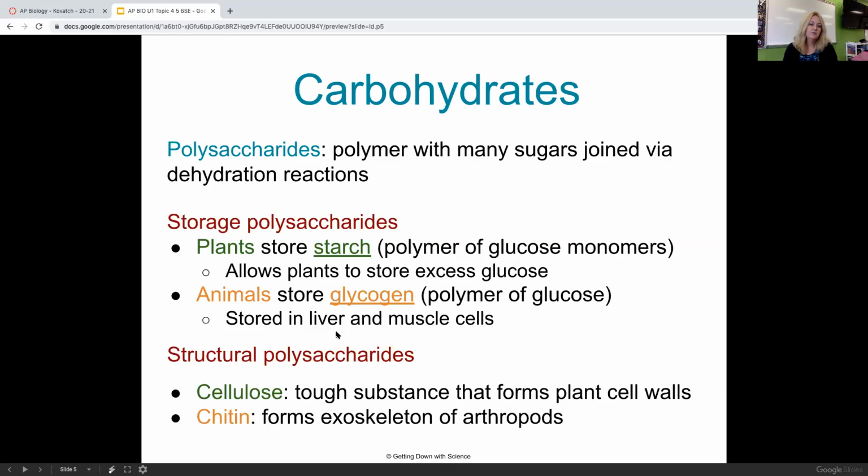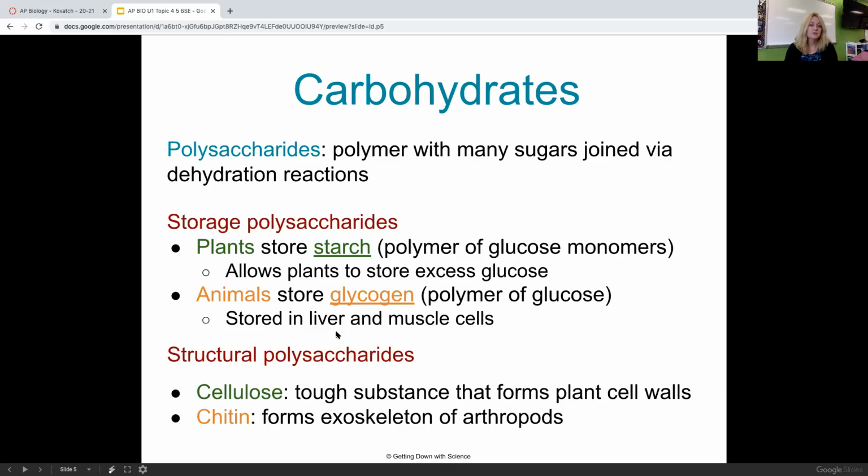Chitin is another one, which forms the exoskeleton of arthropods and things like crabs, shells, those exoskeletons. And again, those are made from polysaccharides. Now, we don't have an enzyme that breaks those down properly. So we can't digest them, cellulose and chitin, but there are organisms that can.